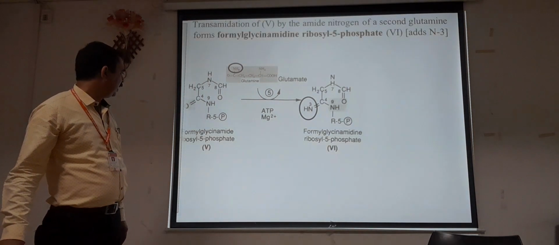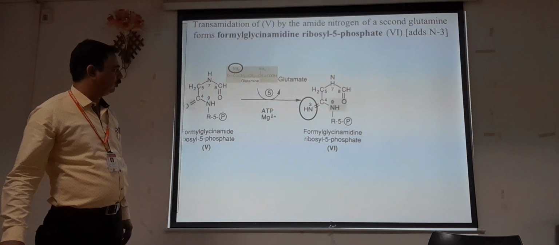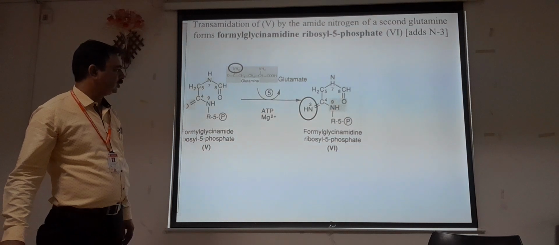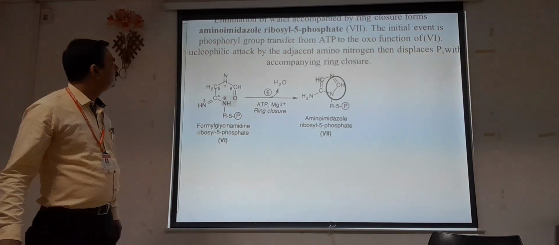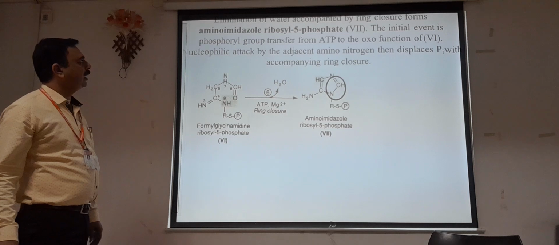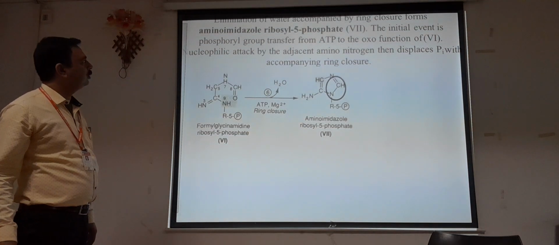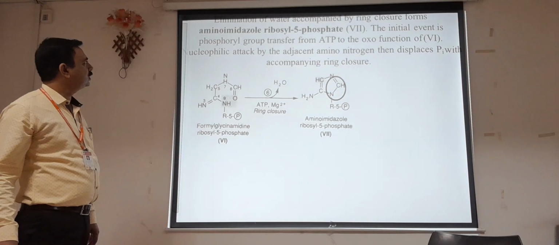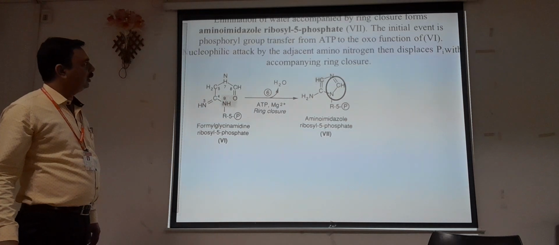Now, formylglycinamide ribosyl 5-phosphate gets converted further. Elimination of water accompanied by ring closure gives aminoimidazole ribosyl 5-phosphate. The initial event is phosphoribosyl group transfer from ATP to oxo functions, a nucleophilic attack.